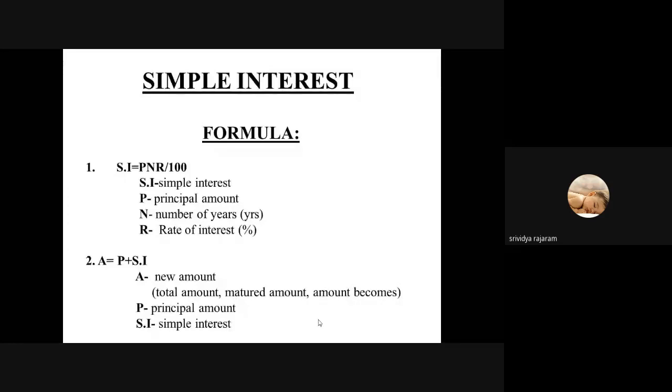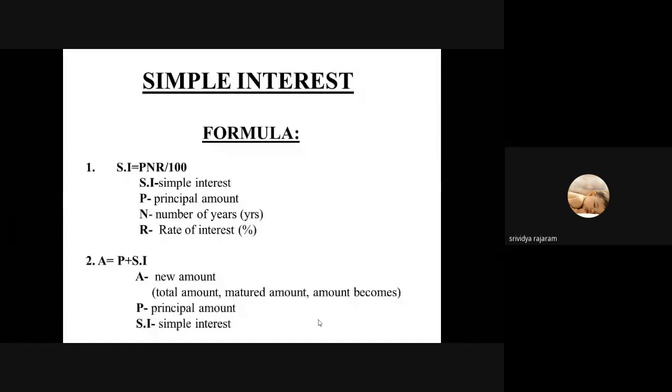There are chances of questions where, for example, I deposited rupees 10,000 in a bank for 10 months, 18 months. They will also represent N in the form of months. So make sure whether N is given in terms of years or not. If it is not given in years, you must convert the given N in terms of years and only then substitute in the formula.